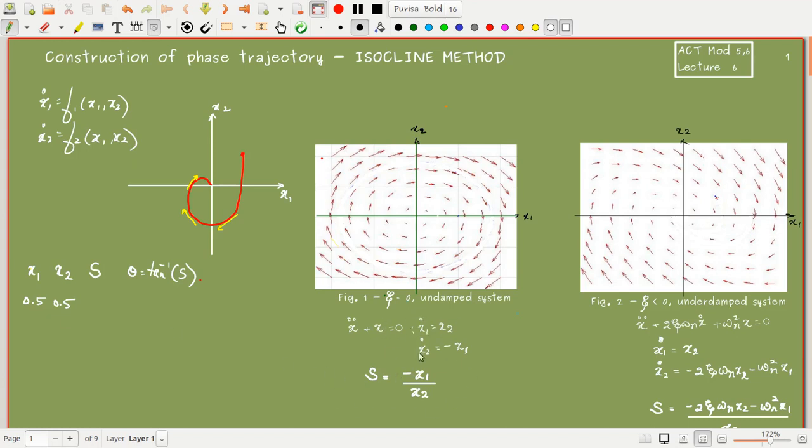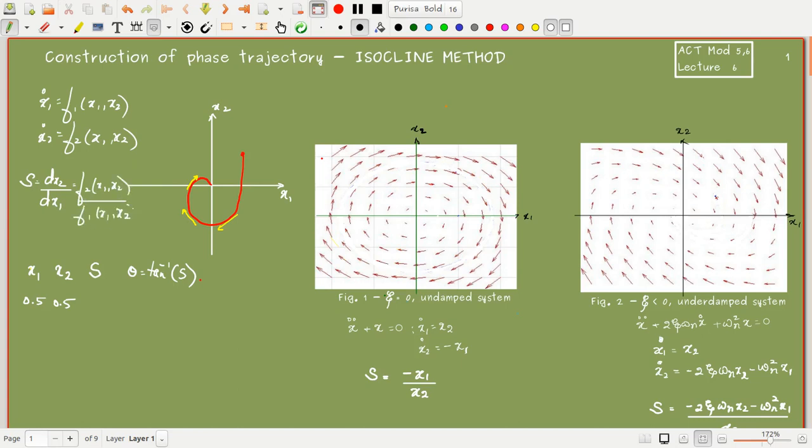We have the state equations like this. The slope is equal to dx2 by dx1. That is, the variation of phase variable x2 with respect to phase variable x1 will give the slope at every point in space for the system. So this can be written as f2 of x1 comma x2 by f1 of x1 comma x2.